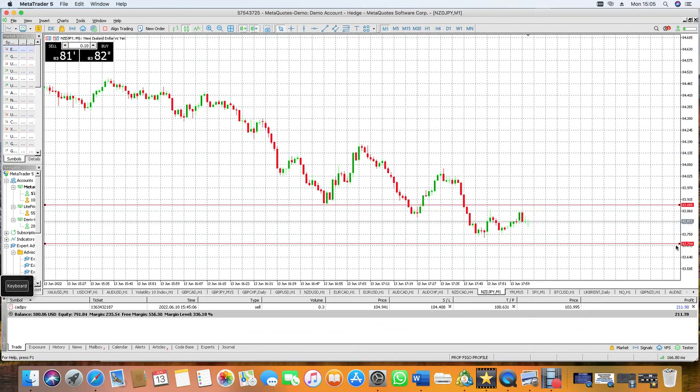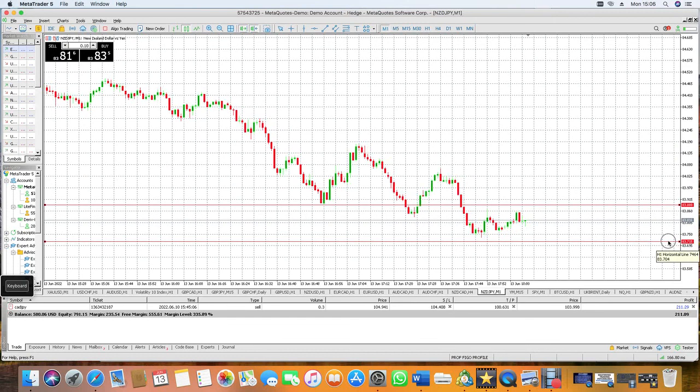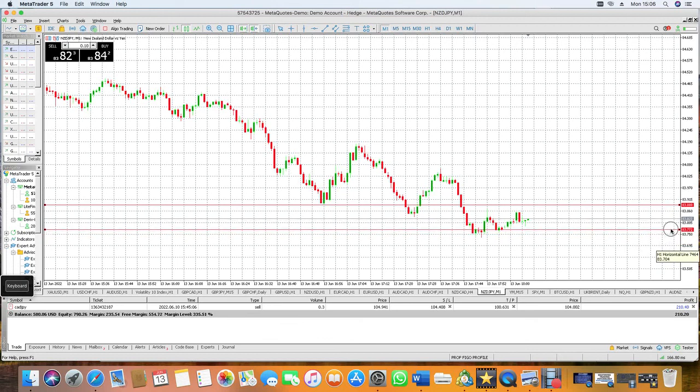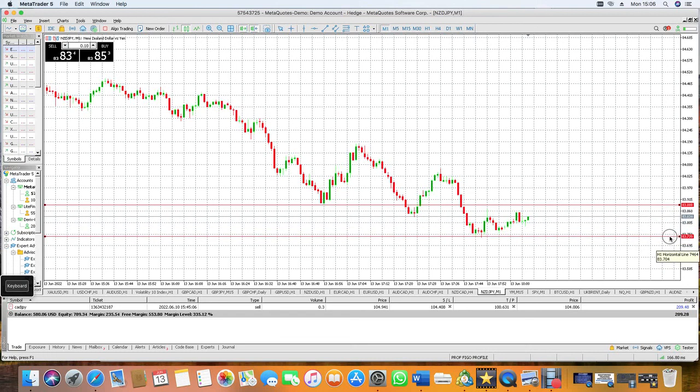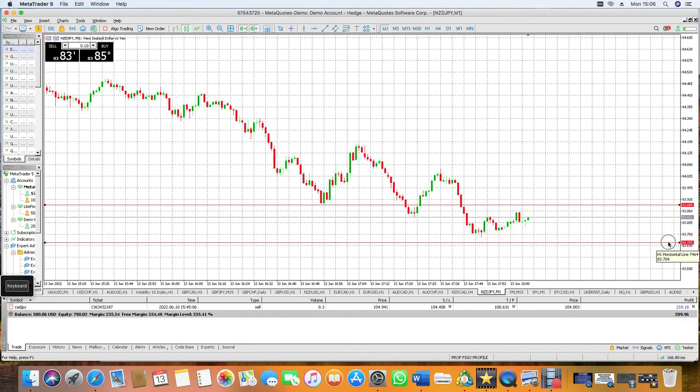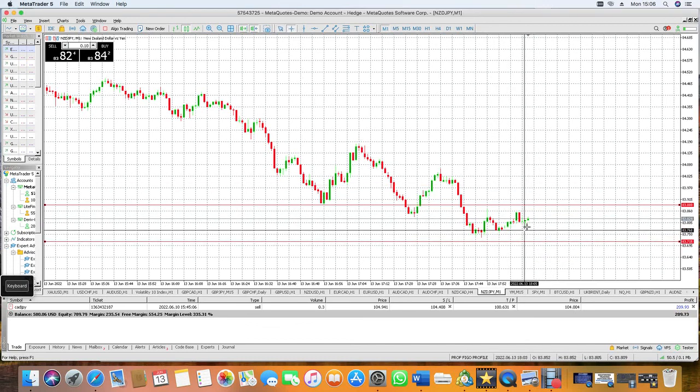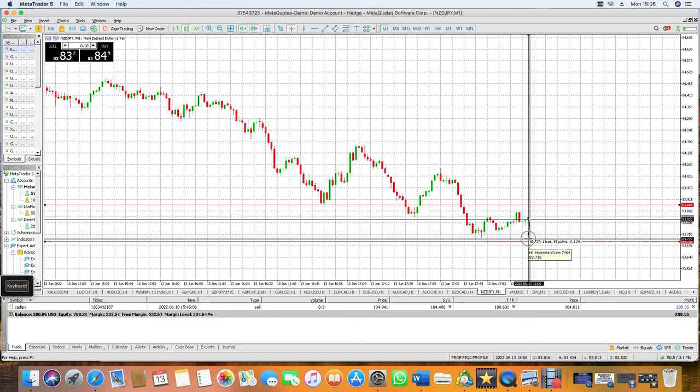So when you are selling, 800 will be 700 to be your 10 pips. 700 will be somewhere here. So when you calculate your 0.2, it's supposed to be 100 points. So you position it so that you get your 100 points, which will be somewhere here.